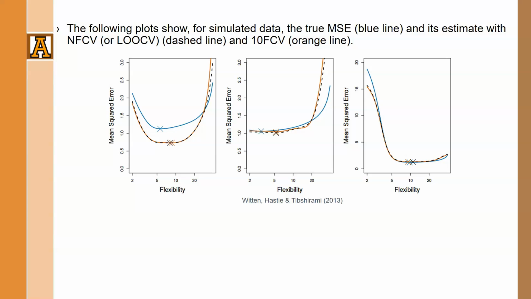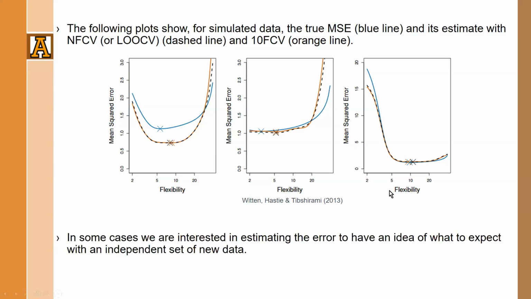The disadvantage of leave-one-out cross-validation is the high variance, and also the fact that it's computationally very expensive. Now, in general, we're estimating the value of the flexibility parameter, whichever that is, that gives us the smallest mean square error. That's in general what we're going to be looking for.